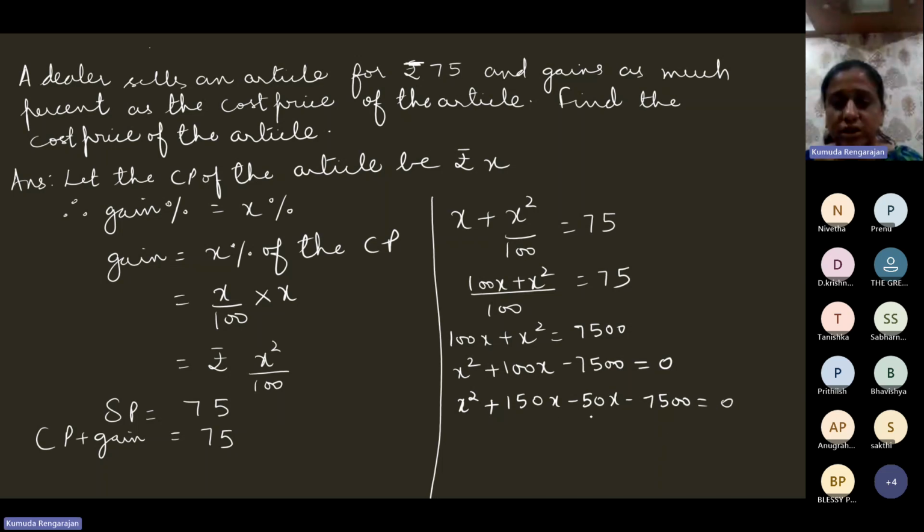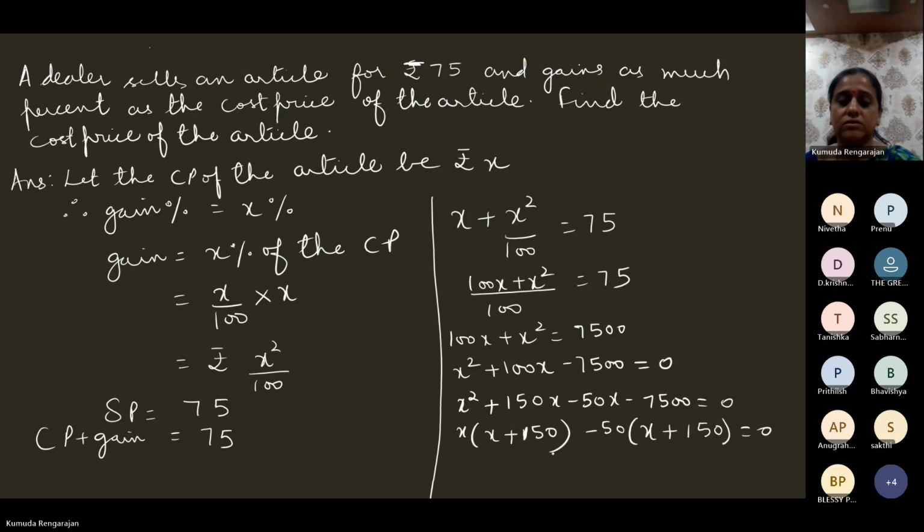You can also use a quadratic formula. So using the numbers given by Shakti, I've split the middle term. So x into x plus 150 minus 50 into x plus 150.